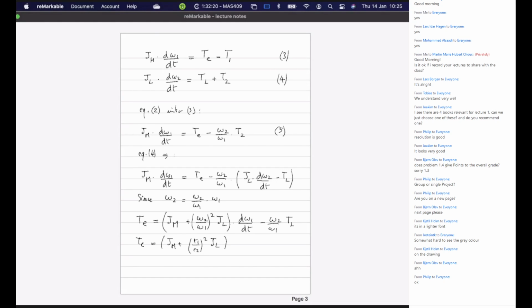And this is what we call the equivalent inertia seen from the motor side, or JH maybe, times d omega 1 dt, minus omega 2 divided by omega 1 TL.